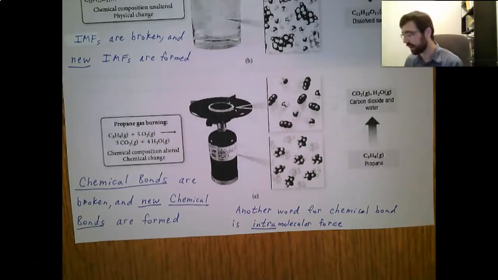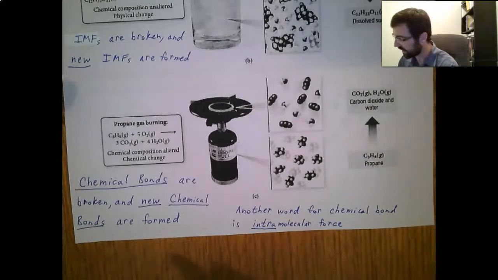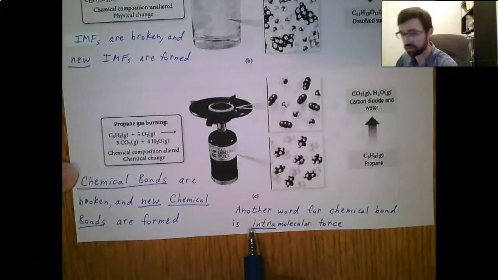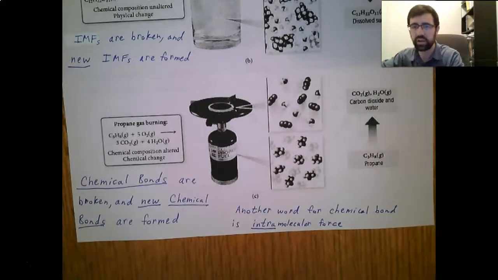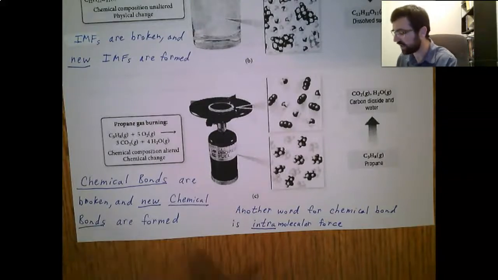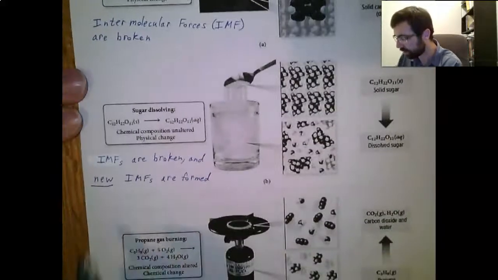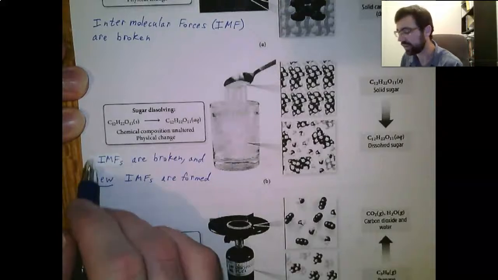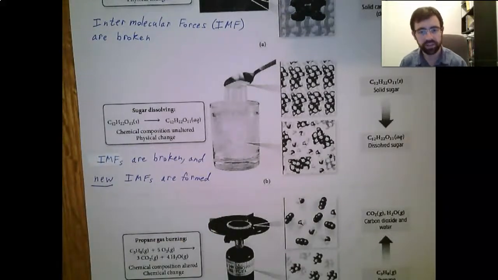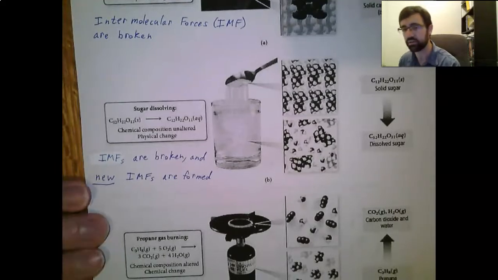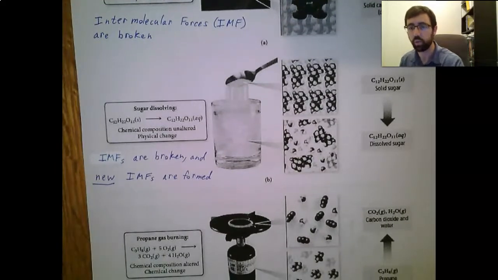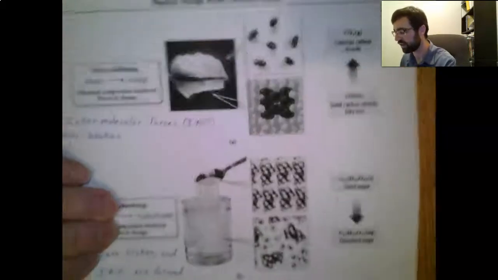But I want you to be aware of that. So a chemical bond is an intramolecular force. It's a force that holds a molecule together. And intermolecular forces, which we abbreviate with IMF, hold molecules close to each other. It's an attraction between molecules. An intramolecular force is an attraction or a bond within a given molecule or a formula unit if we're talking about ionic compounds.